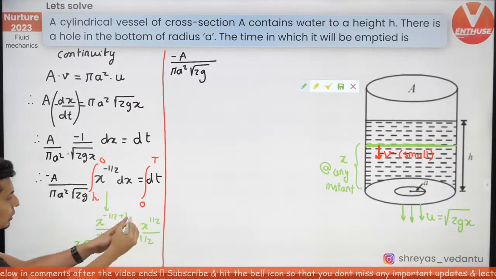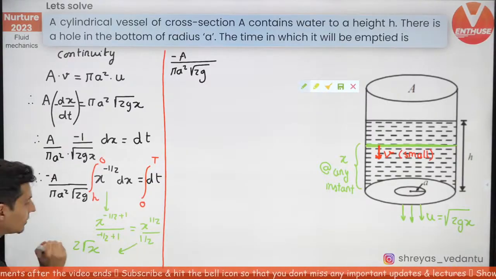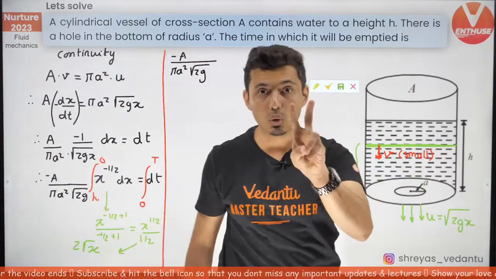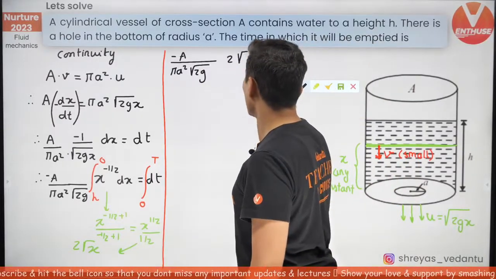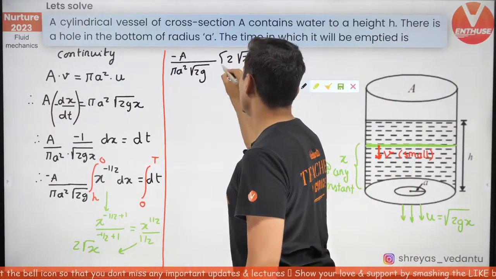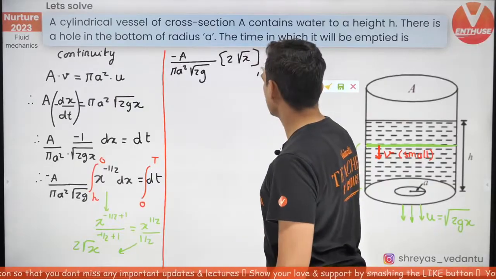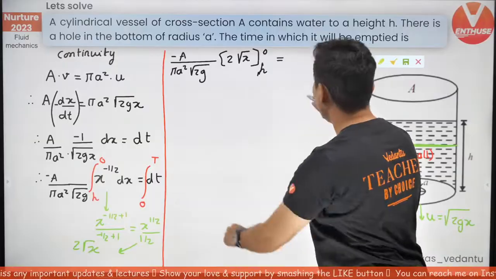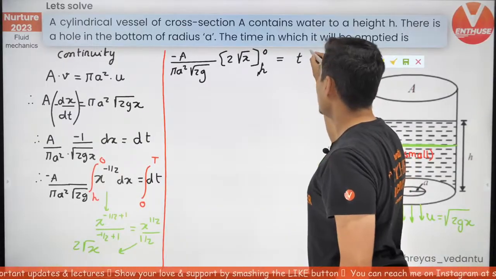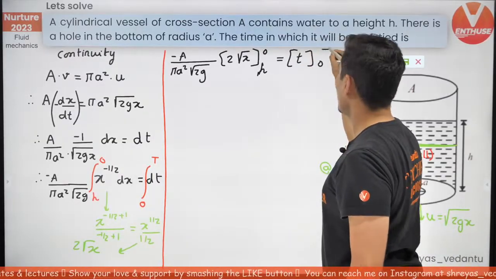So I should put 2 root x, and here I should put h and 0, and here integration of time is just t, so t, and over here 0 and t.